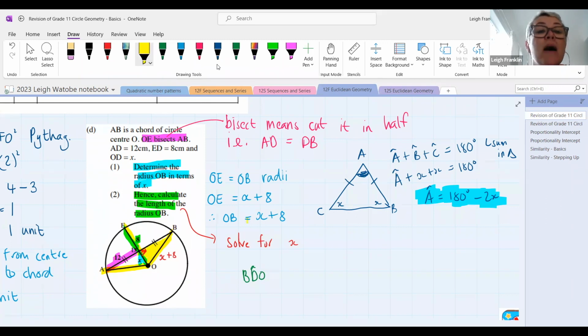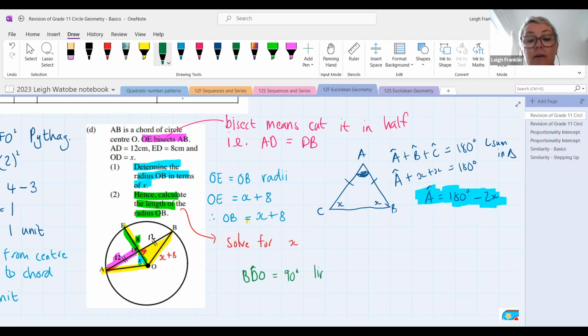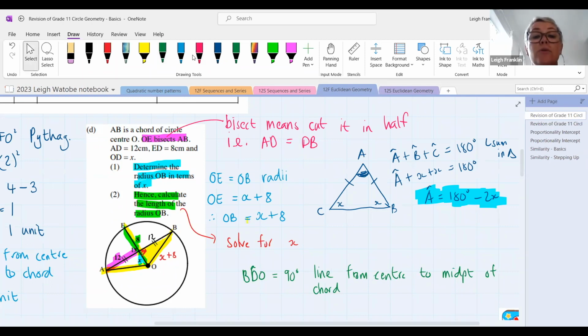Because I also know that DB is 12, so angle DBO is equal to 90 degrees. Reason: line from center to midpoint of chord. Because I've been given the midpoints. So that means I'm working in a right-angled triangle.